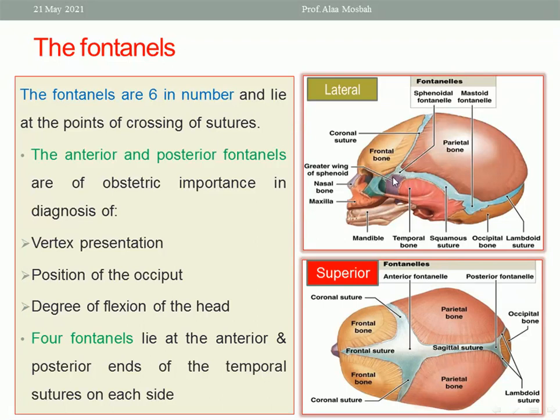At the anterior and the posterior end of the temporal suture, there are two fontanelles, sphenoidal and mastoid, on each side. So I have four, okay? And I have another two, anterior and posterior fontanelle.